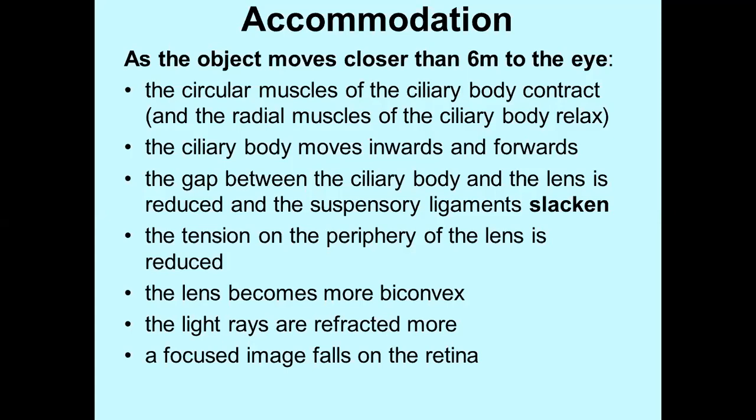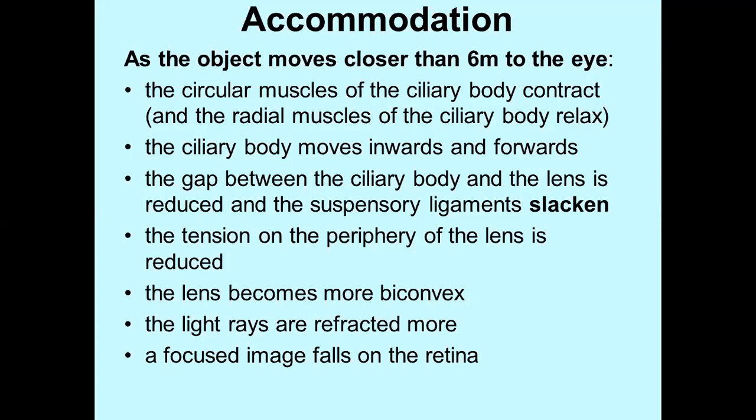You'll see that the one video I've put into a folder for you talks about the suspensory ligaments relaxing. They're not relaxed. Suspensory ligaments are non-elastic, so they've got two positions. They can either be taut, T-A-U-T, like a piece of string if you pull on either end, or they can be slack if you don't pull on either end and you bring your fingers closer together.